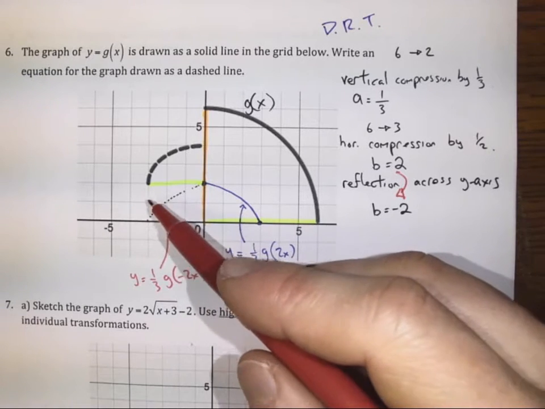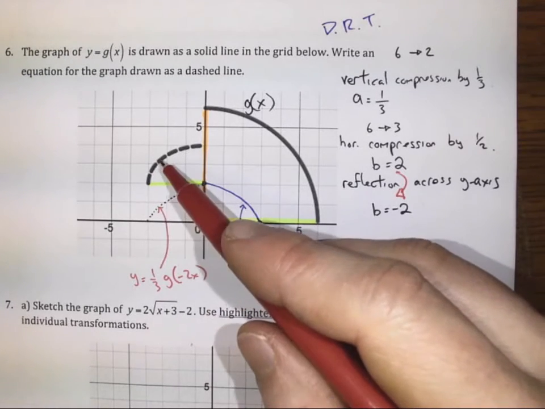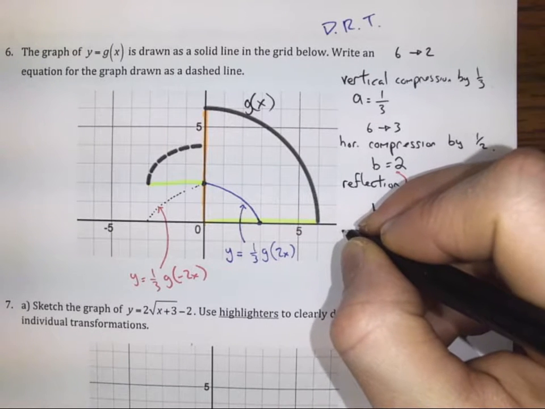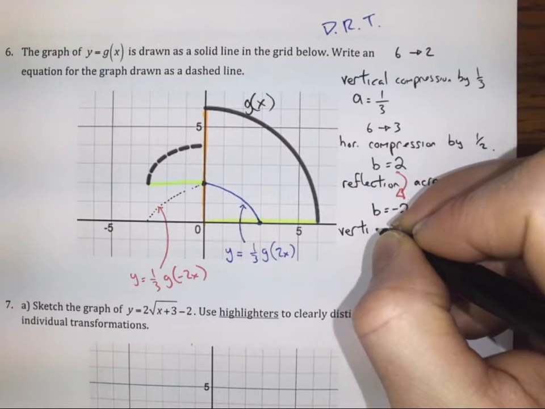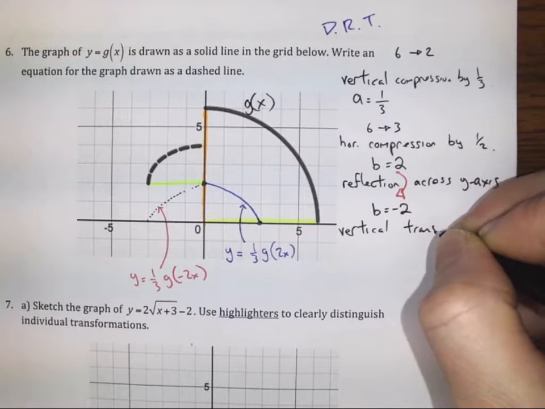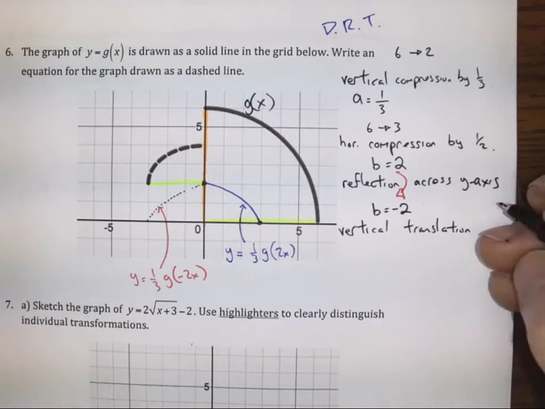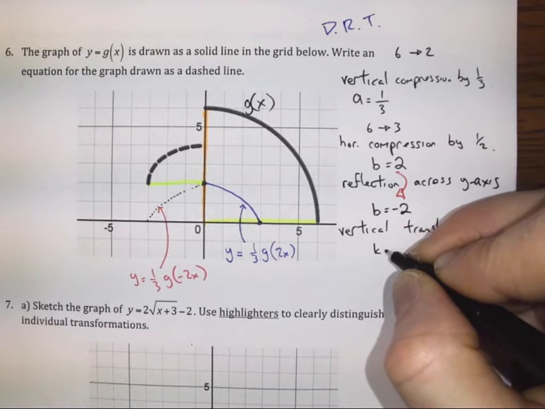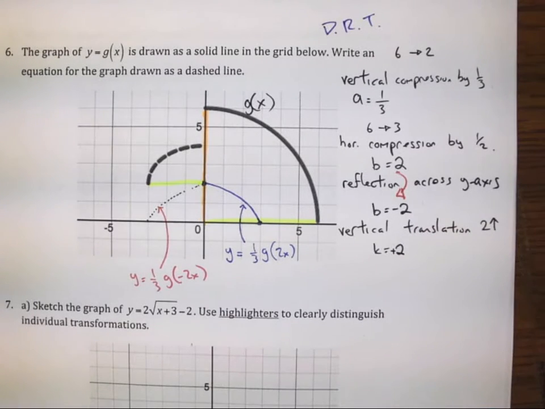So now it's maybe pretty obvious that to get to this final form, we have a shift upwards, or vertical translation, 2 units up. So that's going to give us a k value of +2.